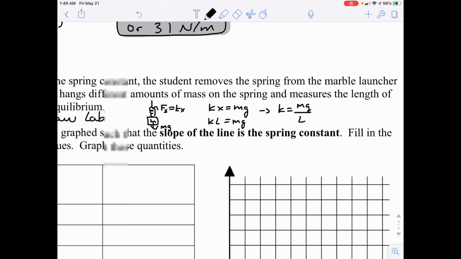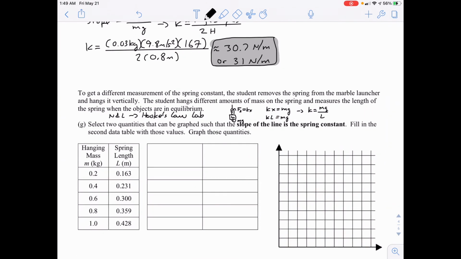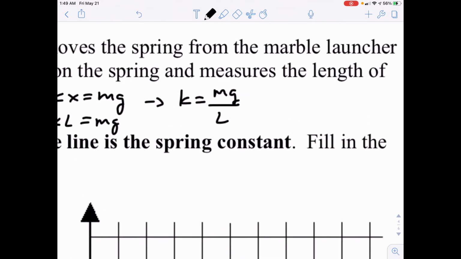So if we are changing the mass, we can do the mass times g and get the weight. There's a bunch of ways we could do this; this is just one possible way.